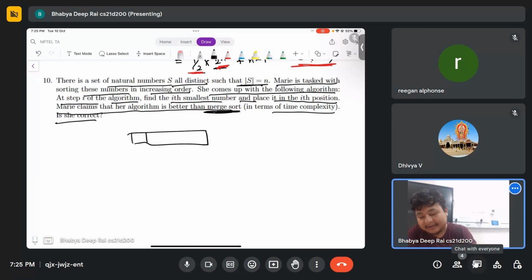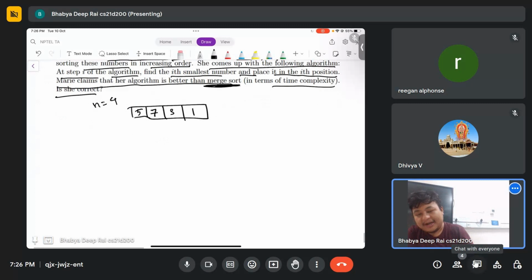Let's say n equals 4 and the numbers are 5, 7, 3, 1. So her algorithm is as follows. She finds the minimum and places it in the beginning. Say it is 5, 7, 3, does not matter.